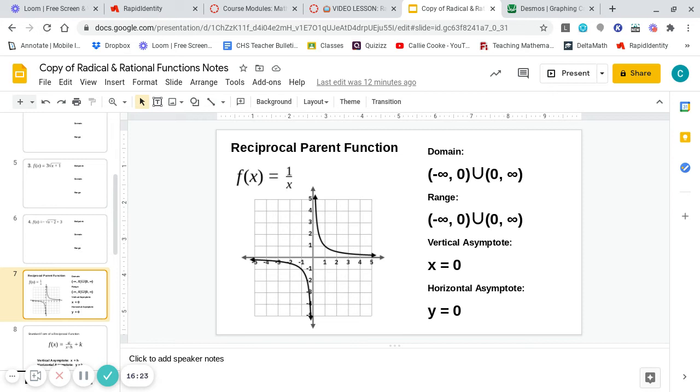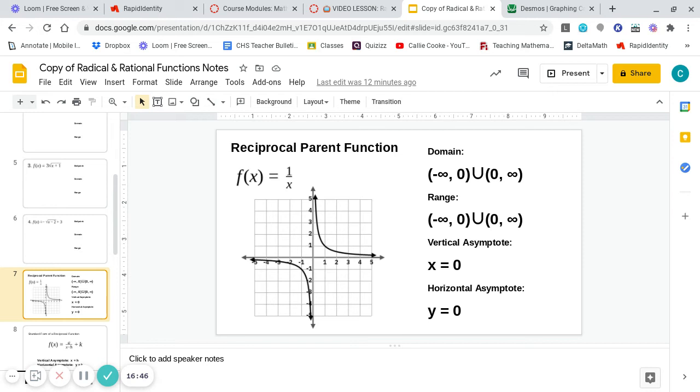This is the parent function, 1 over x. When we have a fraction, what number can you not have in the denominator? 0. If we have a 0 in the denominator, it makes it undefined.